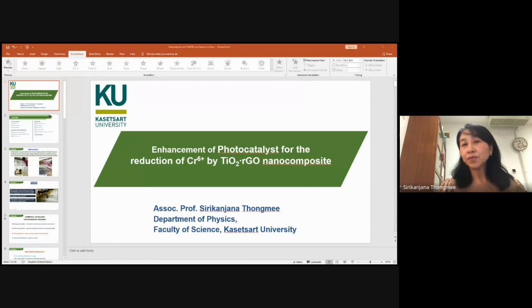So why do people use photocatalysts? This is because photocatalysis is an advanced oxidation process, an environmentally friendly option, and one of the most critical technologies in green chemistry today.